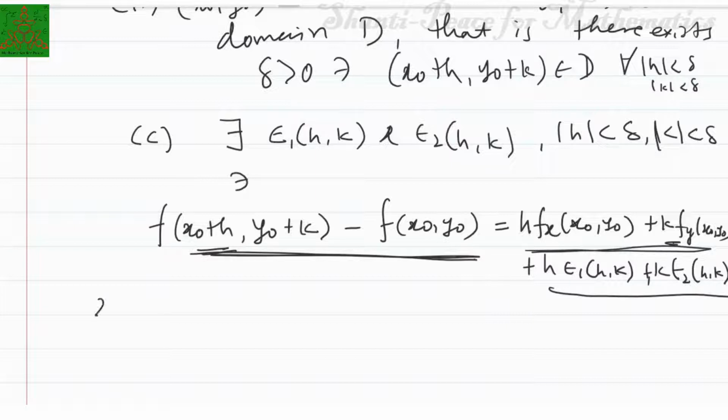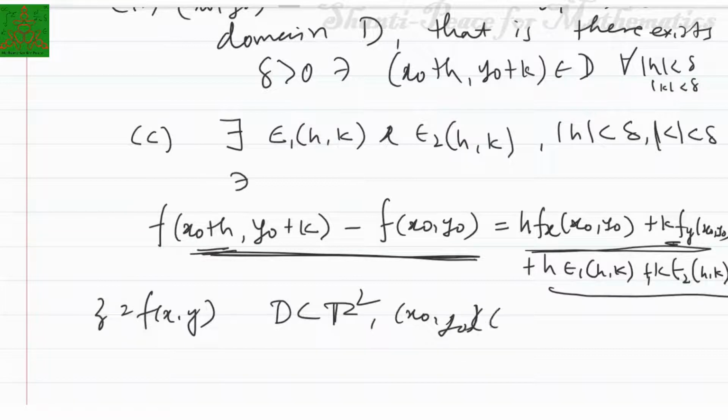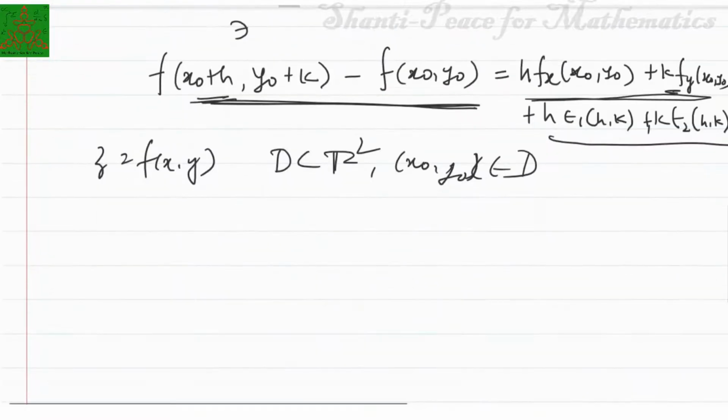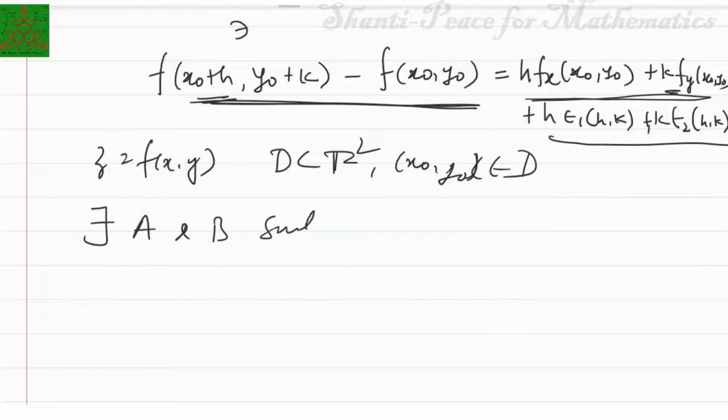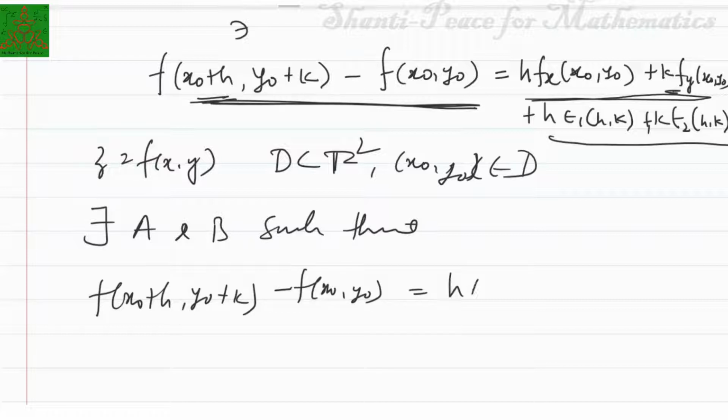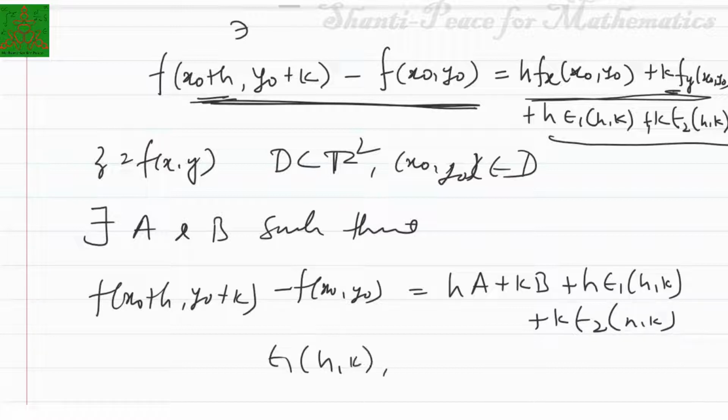If z is equal to f of x, y is a function of two variables defined over D, which is a subset of R square, and x0, y0 is a point in D, then there exist some functions a and b such that f of x0 plus h, y0 plus k minus f of x0, y0 equals h into a plus k into b plus h into epsilon 1 hk plus k into epsilon 2 hk, where epsilon 1 hk and epsilon 2 hk tend to 0 as h, k tend to 0. Here is also the same situation.